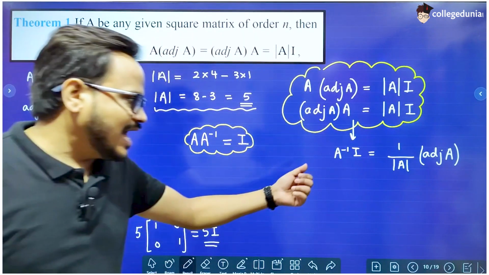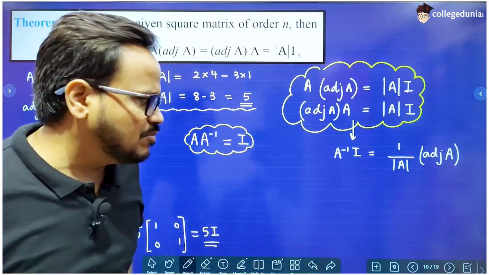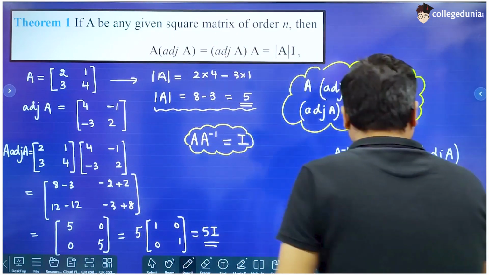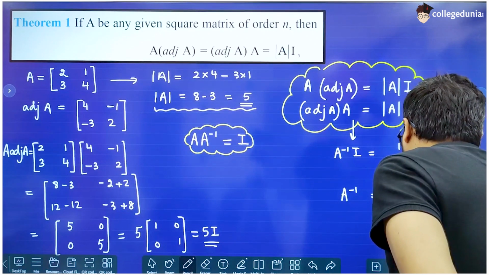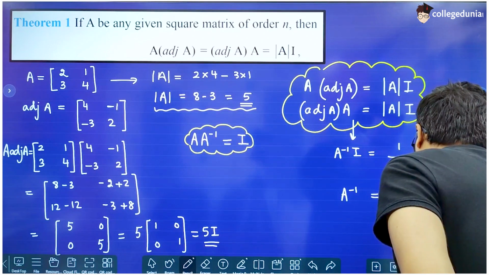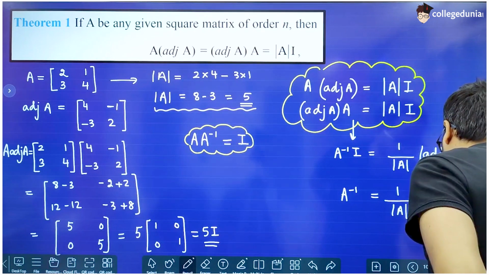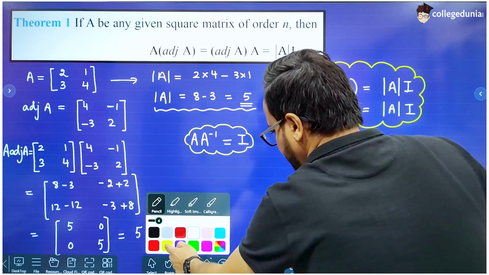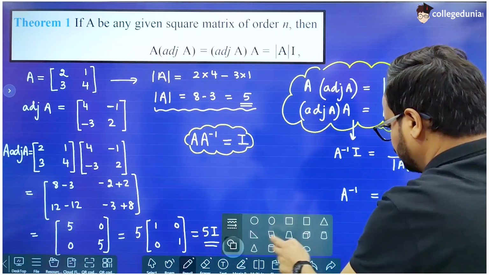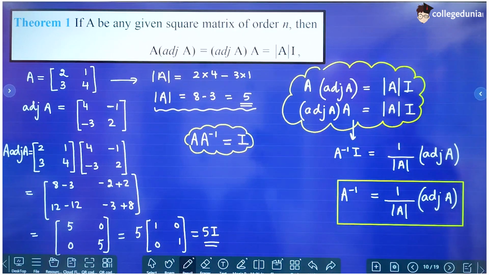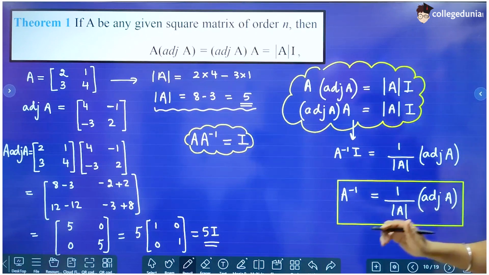Any matrix into I is the same matrix, so A inverse is simply this. You just have to divide each and every element of the adjoint matrix by the determinant value and you will get the inverse.